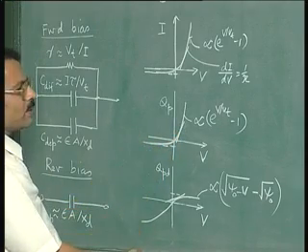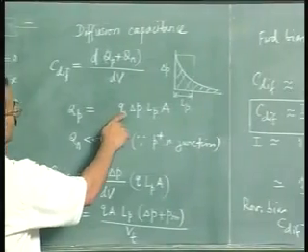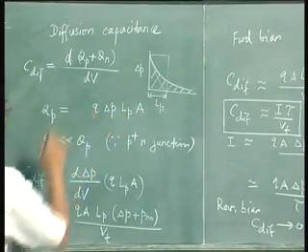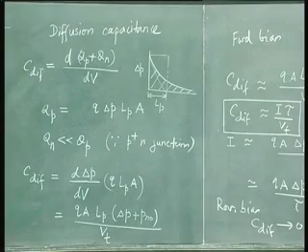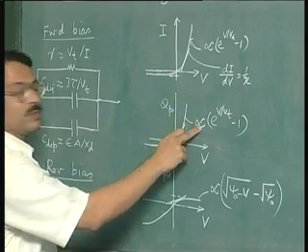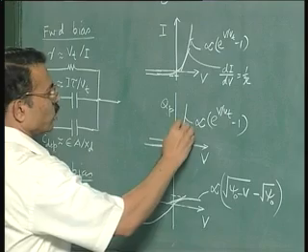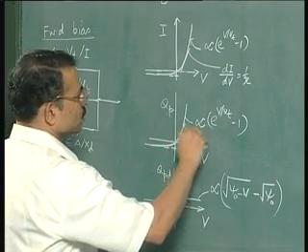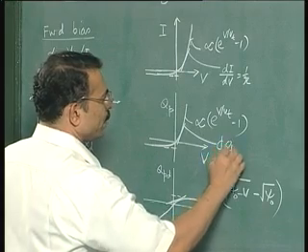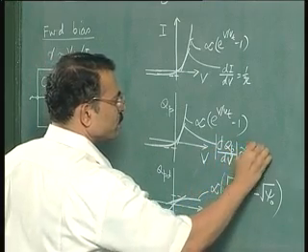You can check this from the formula that we have derived for Qp, which was Qp equal to Q delta P Lp into A. So you can write expression for delta P and you can show that the Qp will be proportional to exponential of V by Vt minus 1. Then you take the slope of this curve and this gives you the diffusion capacitance. So dQp by dV is the diffusion capacitance.